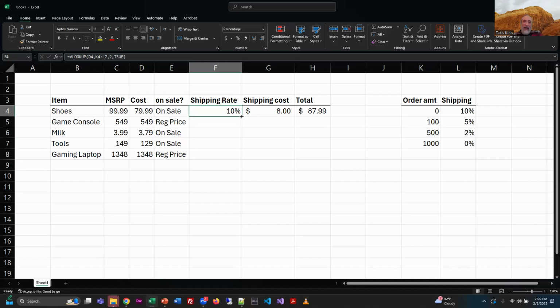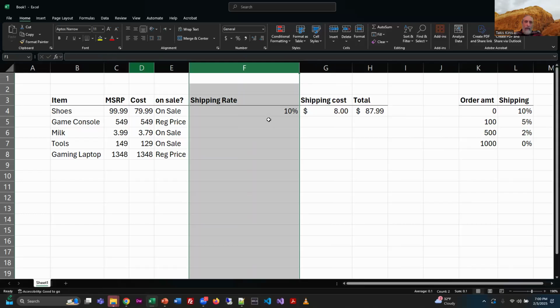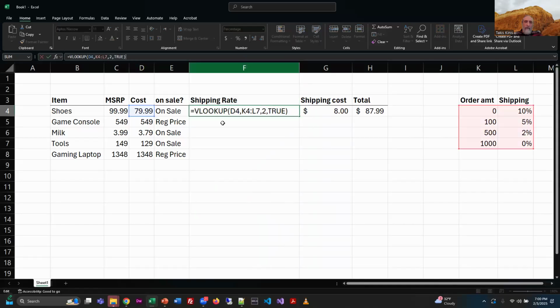All right, I'm going to take that lookup now, and I can move it down. But wait a second, it broke already. All right, why? Let's look at the formula that goes in here. Once again, I'm going to expand this so you can see the whole formula. And this range is true, but if I copy the formula down, it's going to switch it.